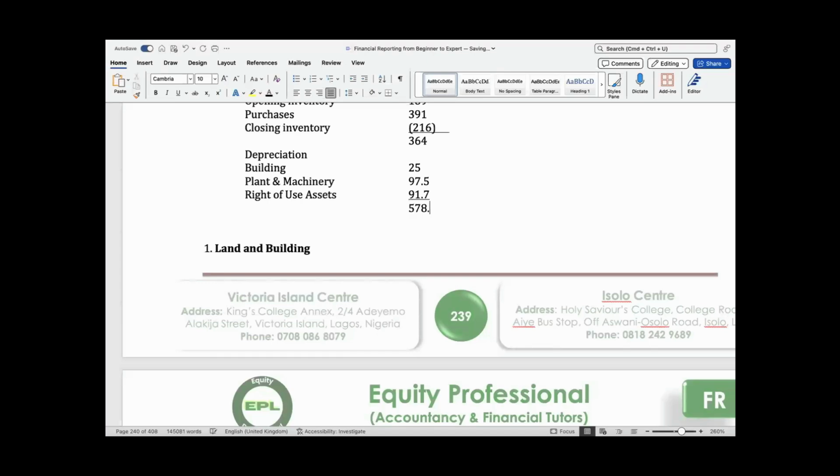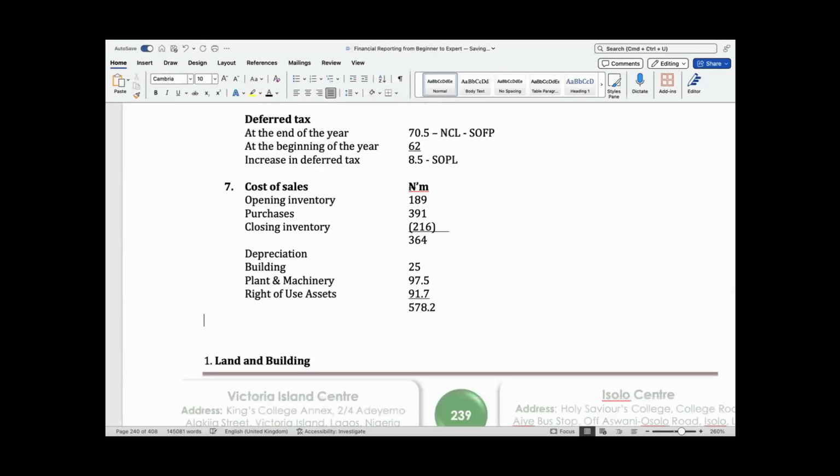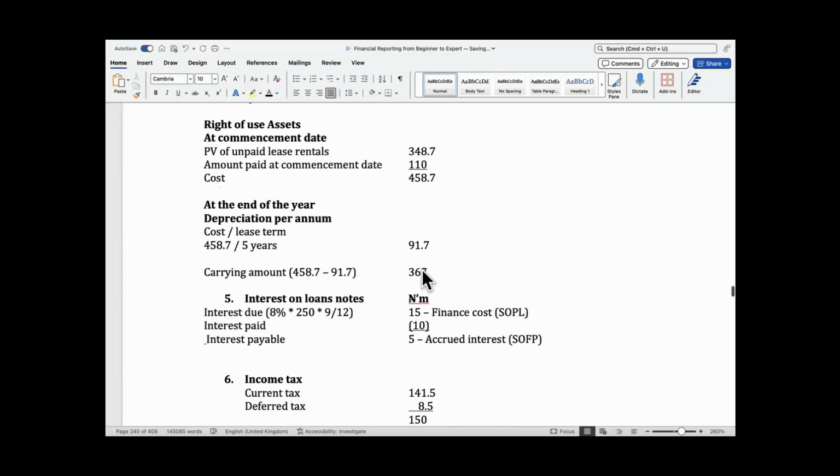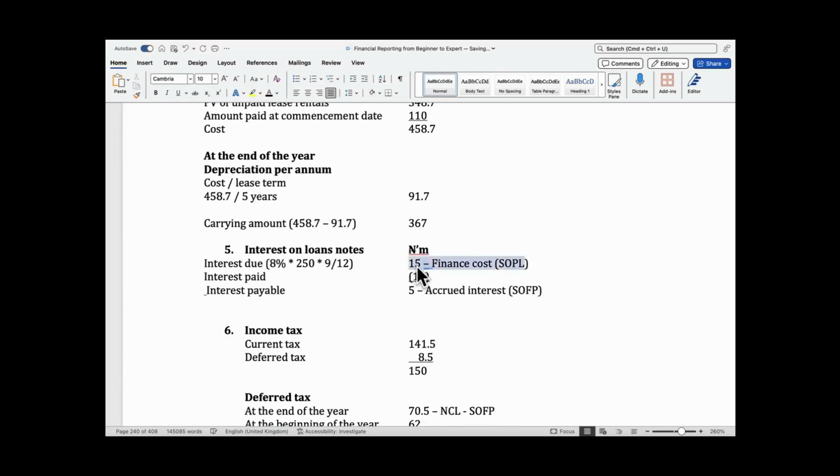Another one that I will need to put together would be my finance costs. I have interest on loan notes that I computed above, which will go to P&L as 15.